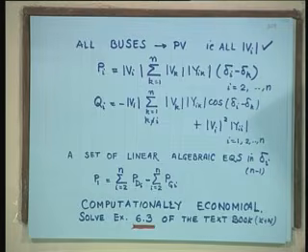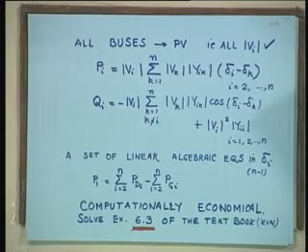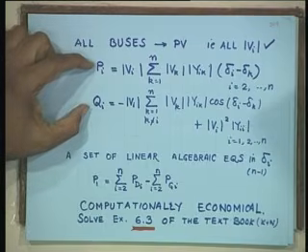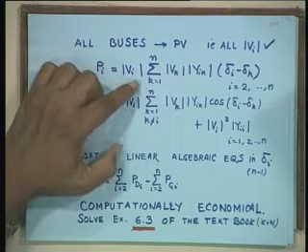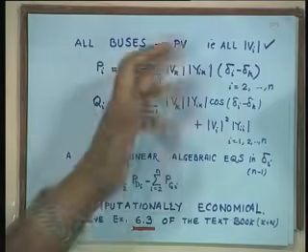Let us assume that all buses are PV when you solve an approximate load flow. That means all voltages are known. The beauty of a PV bus is P and V are known and Q and delta are to be found out. That is the meaning of PV bus. Then our SLF equations get reduced to Pi equals Vi sigma Vk Yik (delta i minus delta k).